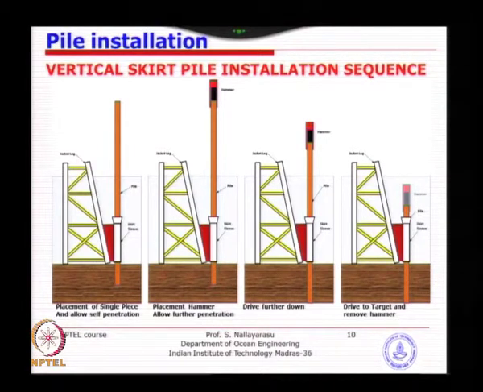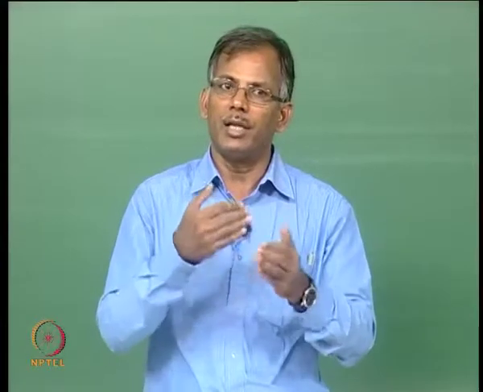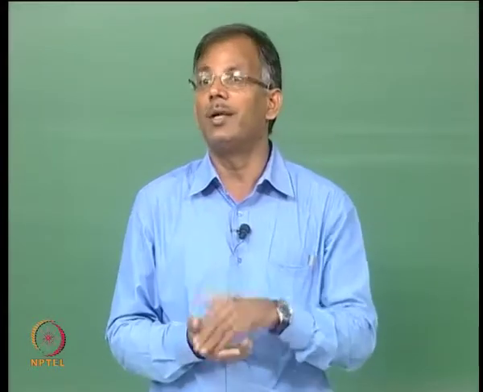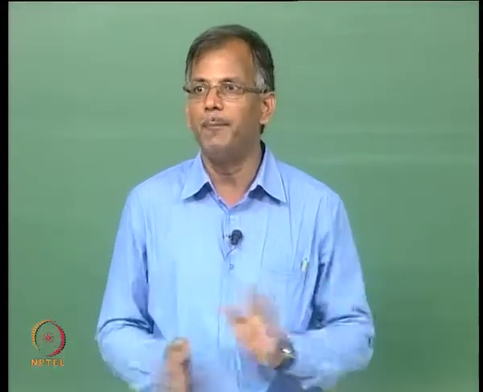Later it was found that the pile had buckled, because they sent some devices to look at the pile tip, and it was just not feasible to drive. When such a condition arises, there is no way you can remedy it; the jacket has to be abandoned.